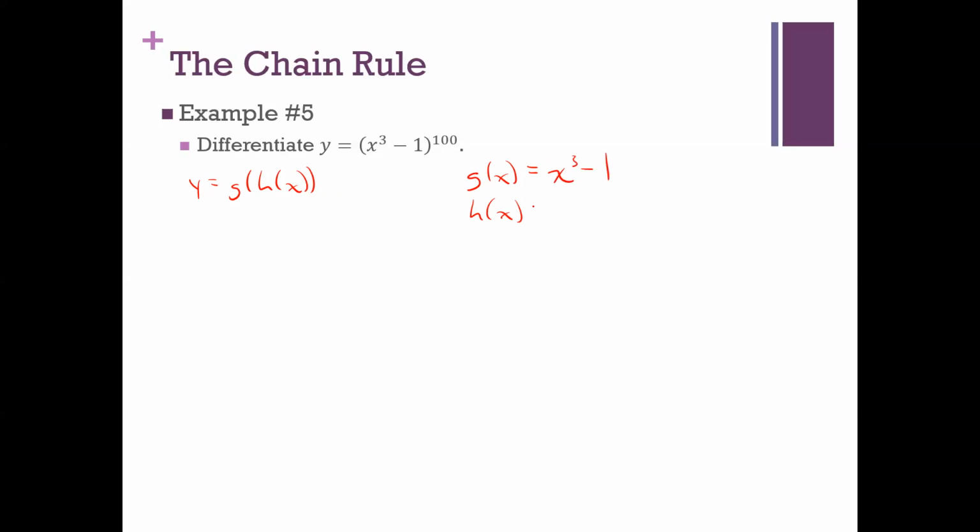We got to vote for x cubed minus 1 for g of x. What would that make h? x to the 100th. We okay with that? I don't think that fits with the way that I broke it down to be. Yeah, so I gotta change one of these.